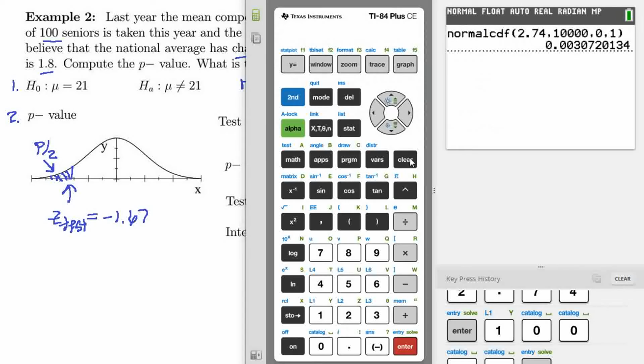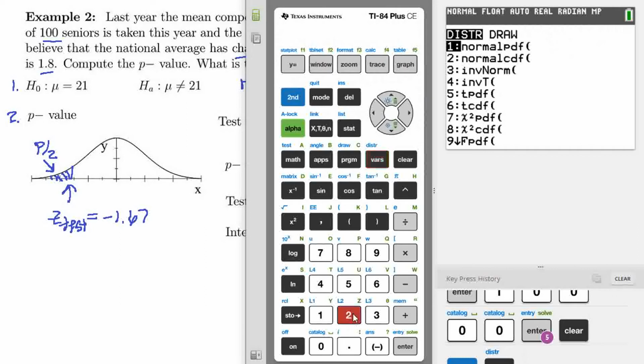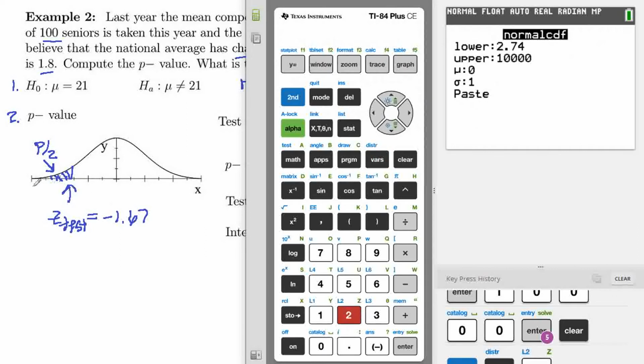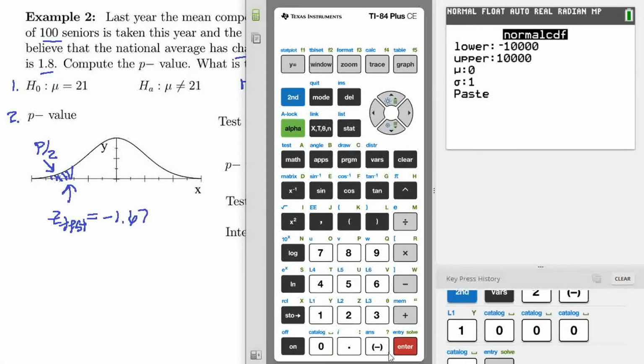So we can do that again with normal CDF. So second variables, normal CDF. Our lower cutoff, negative infinity, so we could do negative 10,000. Upper cutoff, negative 1.67. Everything else the same.